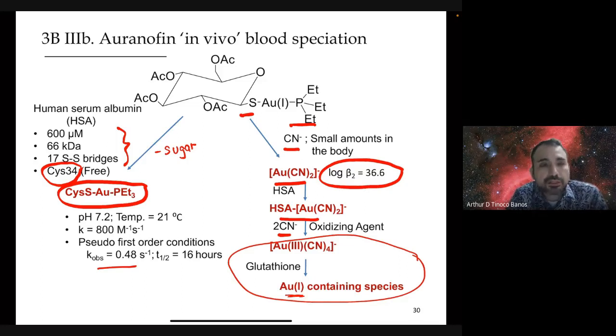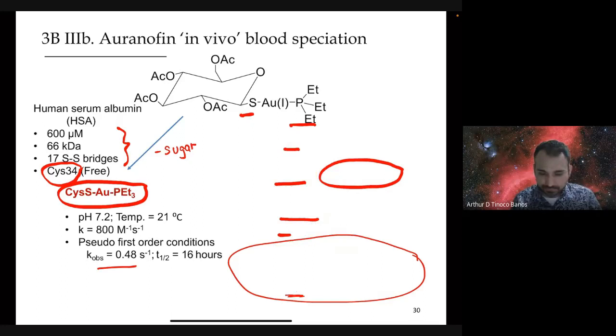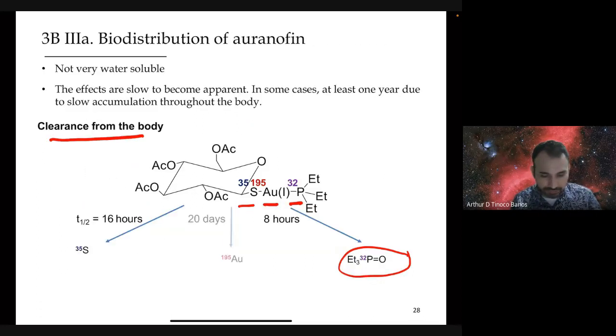But if you factor in human serum albumin, and you also factor in this small anion, this cyanide, those are sufficient to result in loss of both of the ligands and also sufficient to enable the gold to be bound by the albumin. So either pathway can result in further release of ligand. The one to the right can result in complete release of the ligand. So if we look back, let's see, just ignore my notes here.